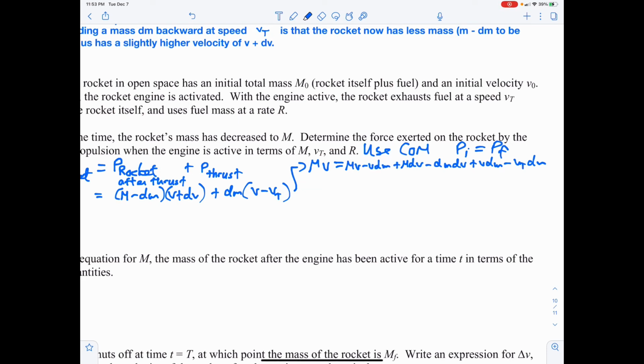And finally there's dm times dv, which is that part. So all of that is expanding that part right there. And then finally we distributed that to both parts of that binomial, and we get v times dm, which is that distribution, and vt times dm, which is that distribution. So basically we just expanded this whole thing.